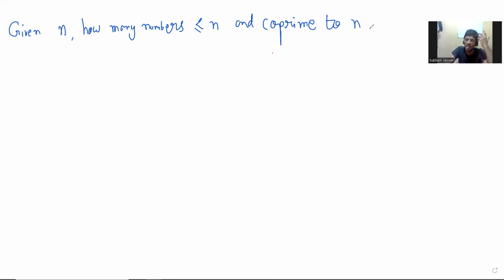And this usually has a notation. It is traditionally denoted by phi of n. And just before we get into finding this more explicitly, let's just remind ourselves why this is important. So can somebody tell me first why this number is relevant for us?